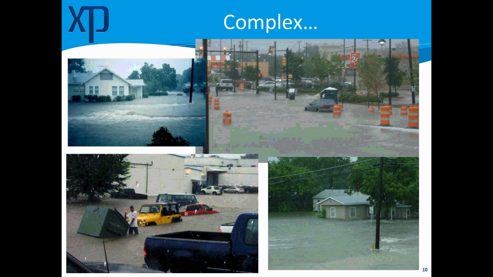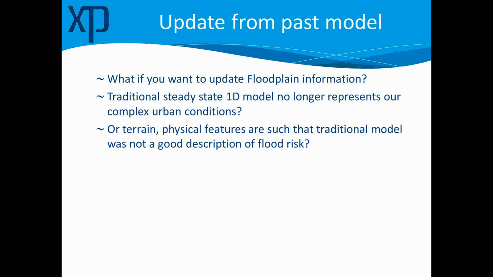So thus the evolution from our very basic 1D river mile based model into our complex urban situation, where we have pipes in the ground, we have open channels, we have detention ponds, we have wetlands, we have all sorts of features and characteristics that force us to recognize that we're no longer following the one-dimensional assumptions. And so we want to update.